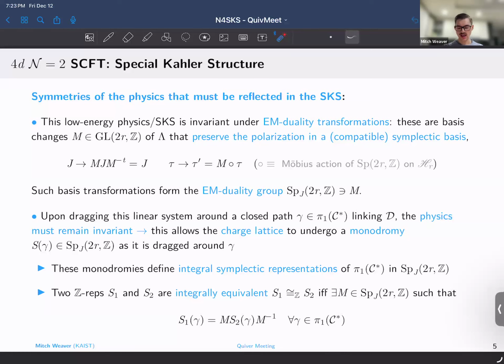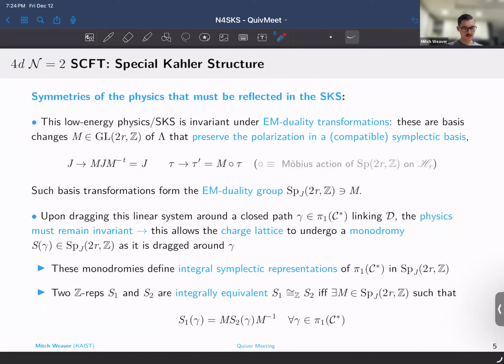And in a compatible symplectic basis, this means that they leave J invariant and they'll act on boldface tau with the usual kind of Mobius action on the Siegel upper half space. And the set of GL(2R) matrices that satisfy this condition in a symplectic basis form what's called the EM duality group, which is this Sp_J.